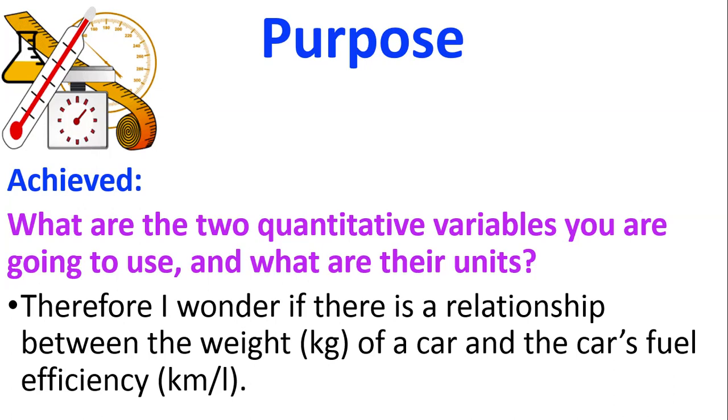That's what I need to construct together, and I'm looking for a relationship. Bivariate data always means I'm looking for a relationship. So I wonder if there is a relationship between the weight and its units, kg, of a car and the car's fuel efficiency with its units, kilometres per litre. So I've identified the two variables and their units, and I've put that together into an I wonder statement about the relationship.